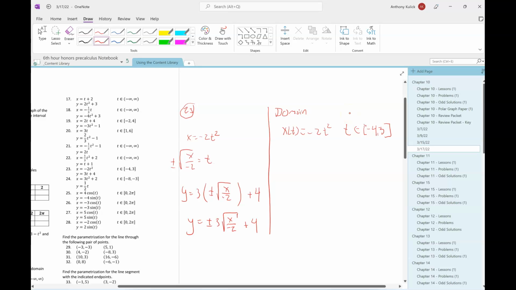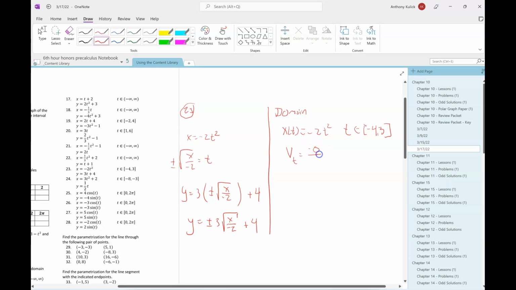Since this equation is quadratic, I care about 3 possible points. I care about the vertex and the 2 endpoints of the function. So first thing I'm going to do is find the vertex. The equation to find the vertex is x coordinate, or in this case, I guess t coordinate, is -b over 2a.